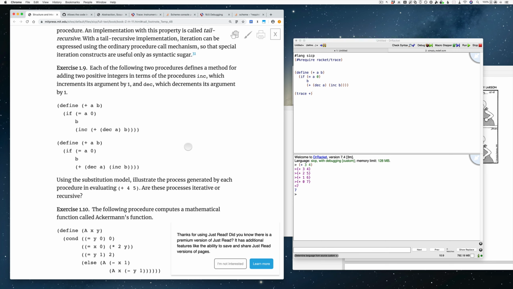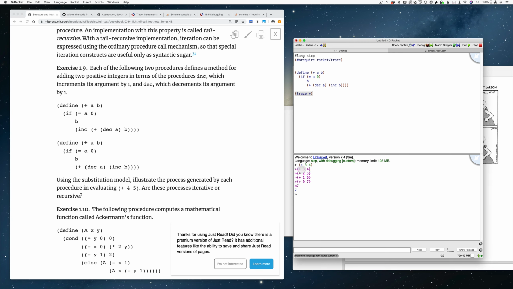Okay. So you can just tell right away. Yes, there's a recursive procedural call, but at each step you have a completed phase of the program, so there's nothing being put off till later.